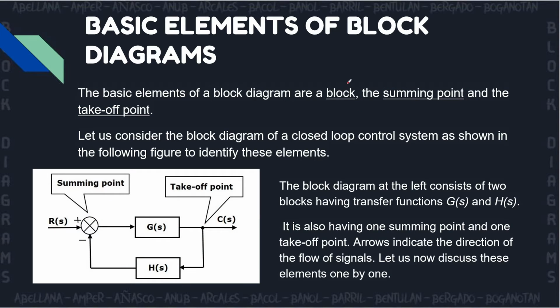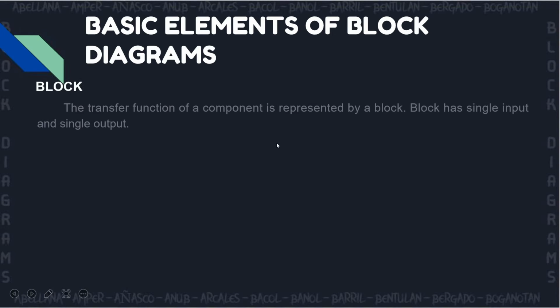So the first one we will discuss will be the block. What is a block? The transfer function of a component is represented by a block. So if you see a block in a block diagram, the block represents the transfer function.